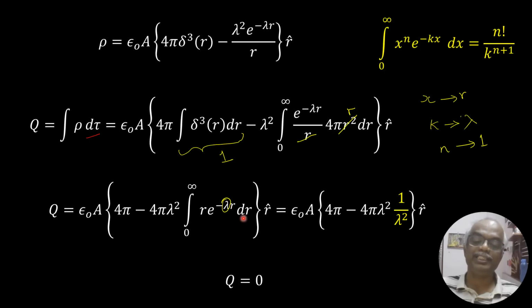Of course you have 4 pi lambda squared, 1 factorial is 1, over k is lambda, lambda power n plus 1, 1 plus 1 is 2, lambda squared. So here this lambda squared will get cancelled with the lambda squared. You will get 4 pi minus 4 pi, of course you have epsilon naught a, 4 pi minus 4 pi is 0. So the total charge is 0 in this case.